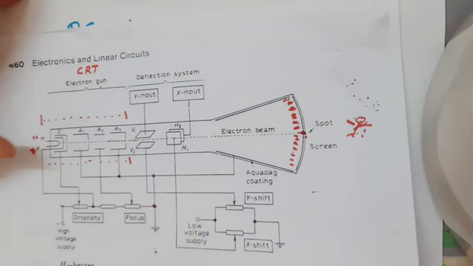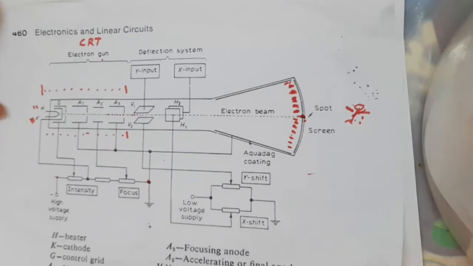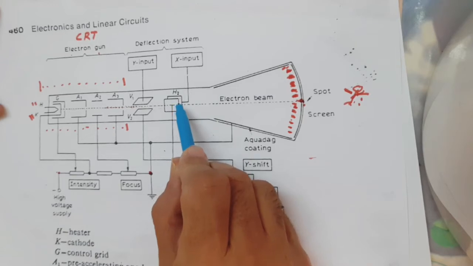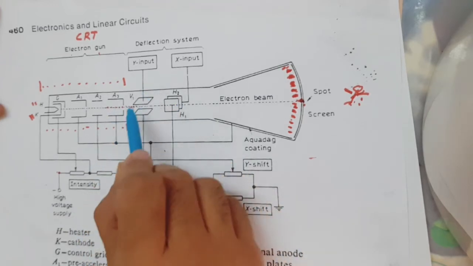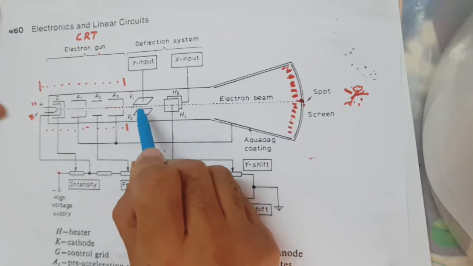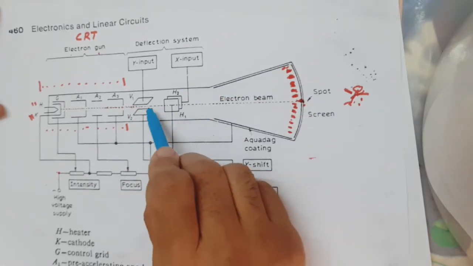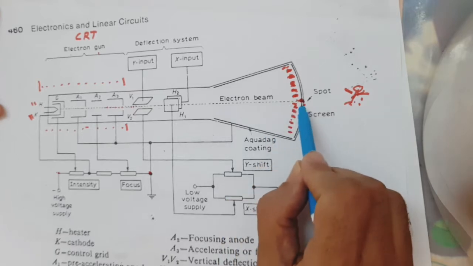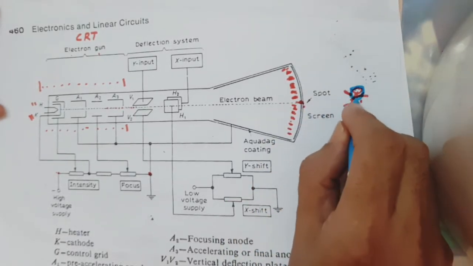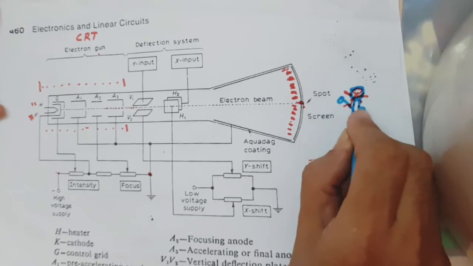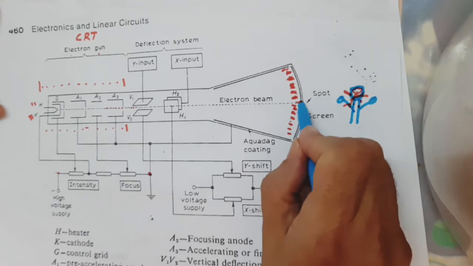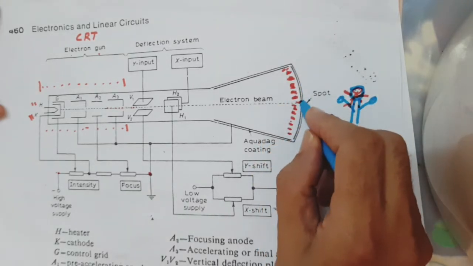If there is no voltage here and no voltage here, then there is no deflection upward or downward, and no deflection horizontally. The electrons move towards the center of the screen, so we see the spot at the center of the screen.